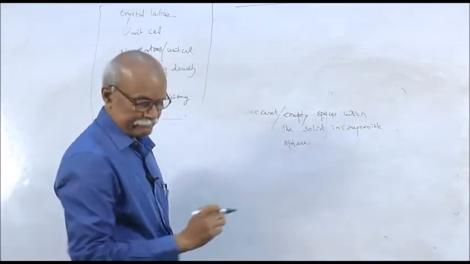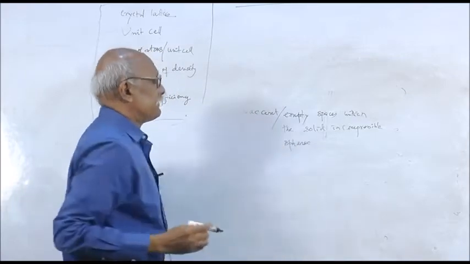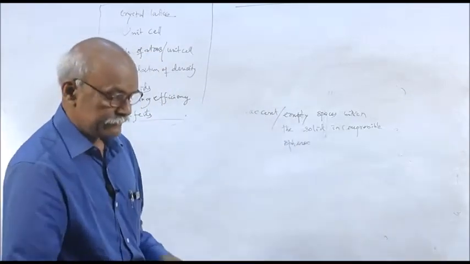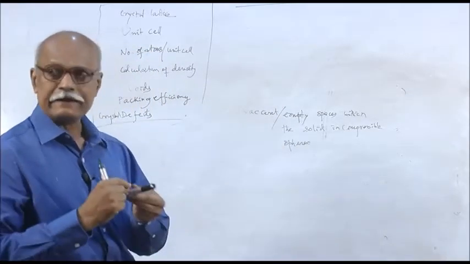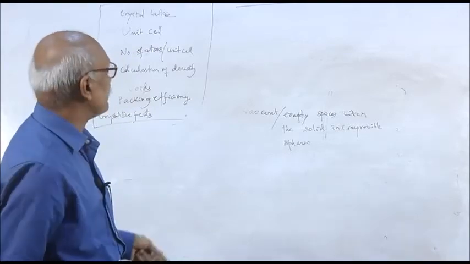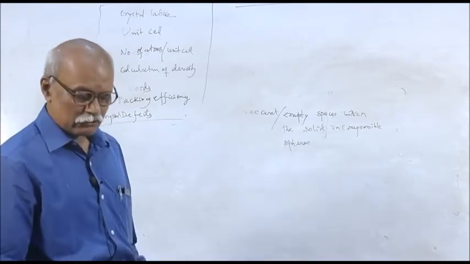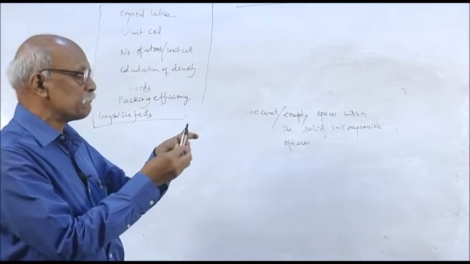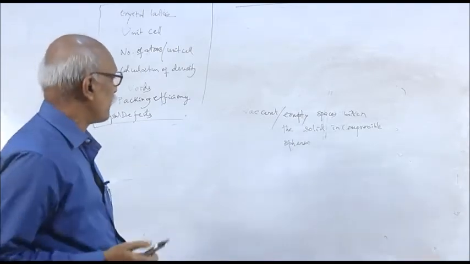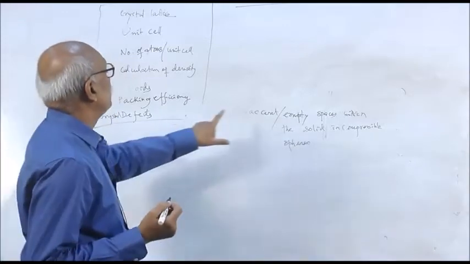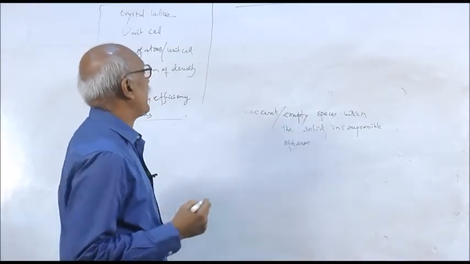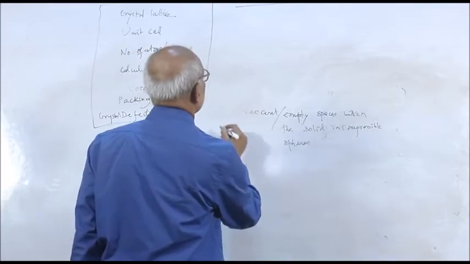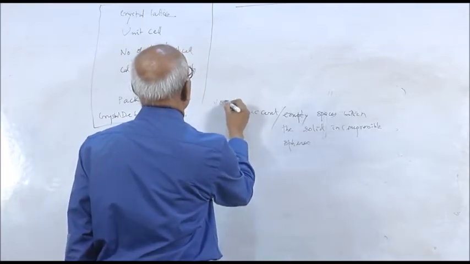If the spheres were compressible, you could neglect the space. But as these are not compressible, between two, three, four or six spheres some space is left behind, and such vacant spaces are called voids.